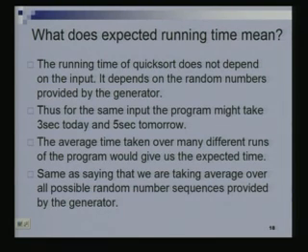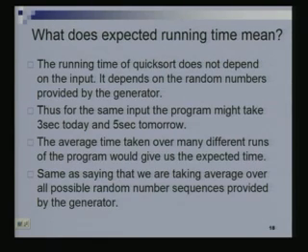So the same thing I said: I fix an input, the running time could be some value today, it could be some value tomorrow, because the random numbers generated could be different. And what we have done is we have taken expectation over these different random numbers, saying that today we will compute what the value is, tomorrow we will compute what the value is, and so on, and take the average.